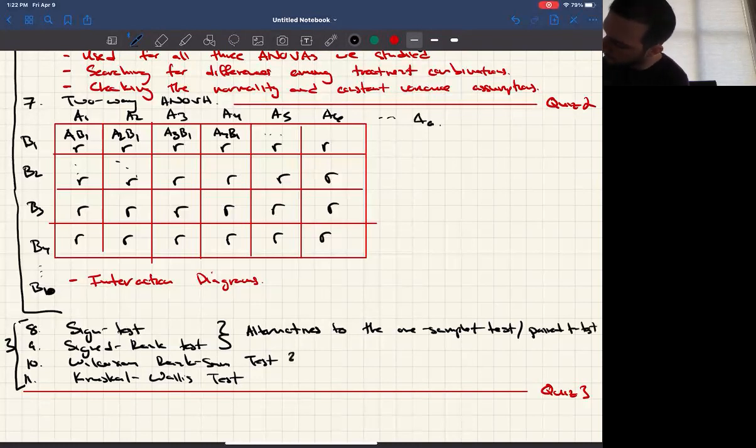The Wilcoxon test is an alternative to the independent 2-sample t-test.